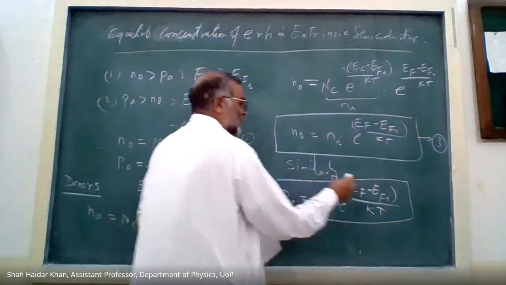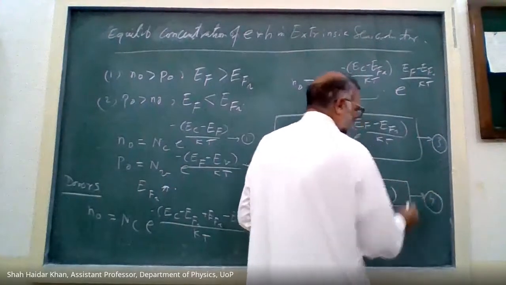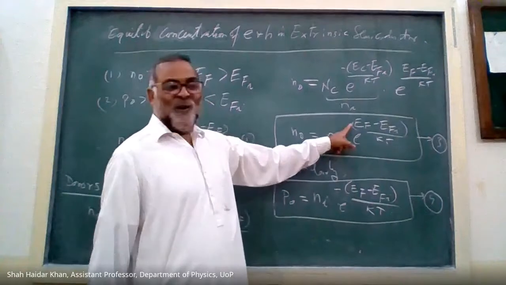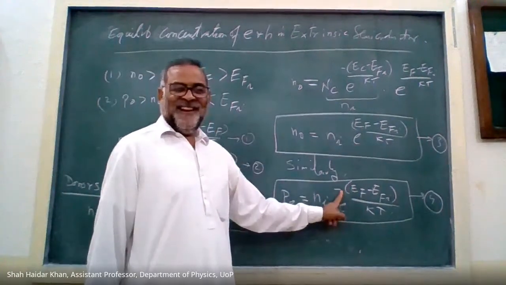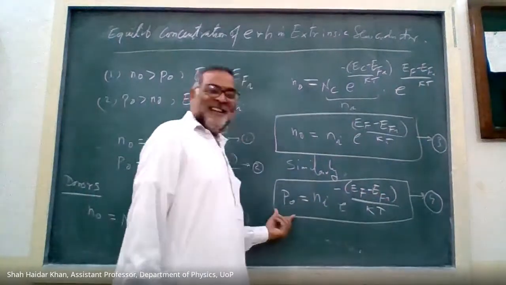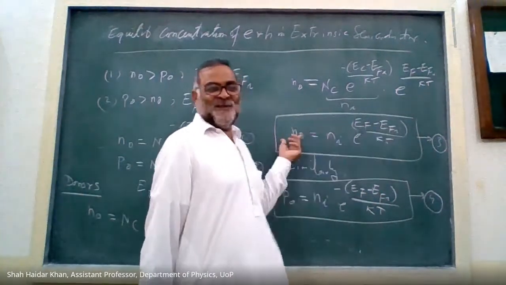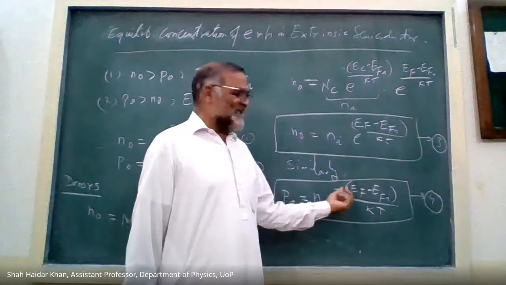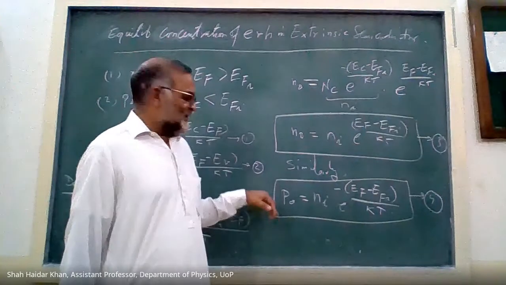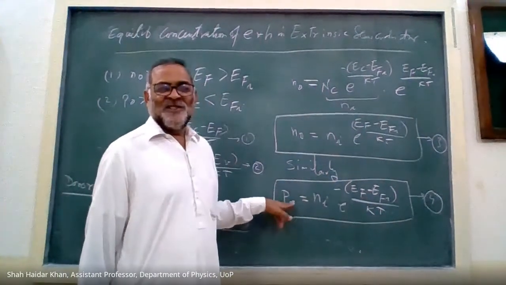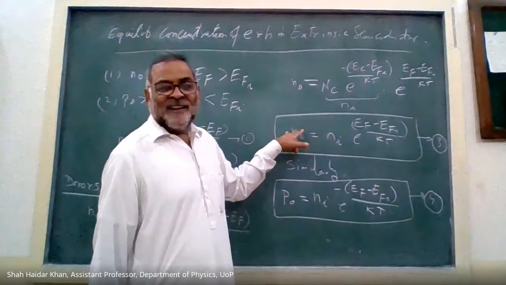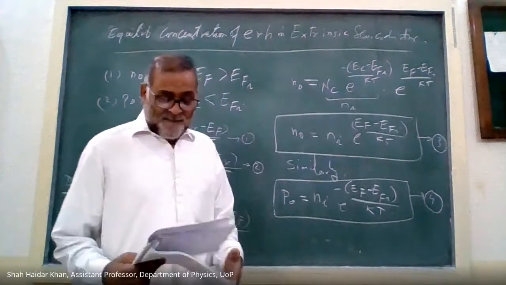Now, there is one difference: the minus sign. Here, as this gap increases, it will decrease. There, as this gap increases, it will increase. Here is the minus sign, there is no minus sign. Otherwise, they are the same. So that is the extrinsic situation: the concentration of holes in the valence band and the concentration of electrons in the conduction band.